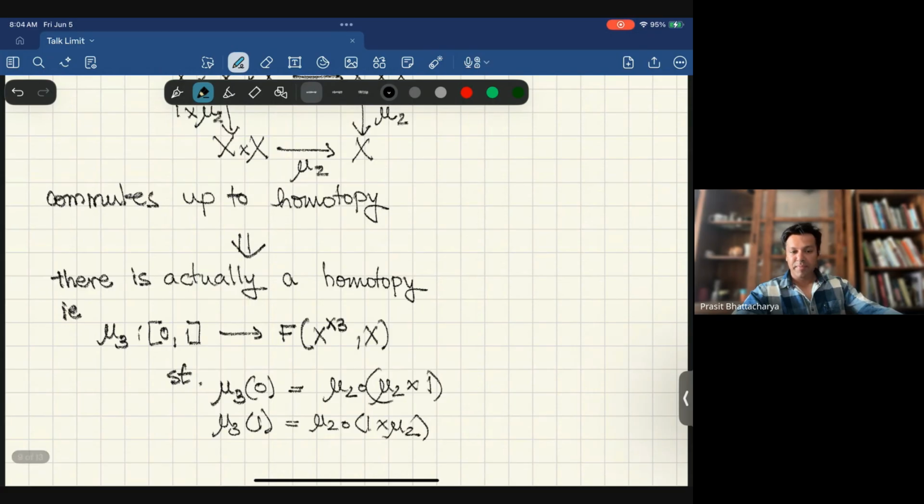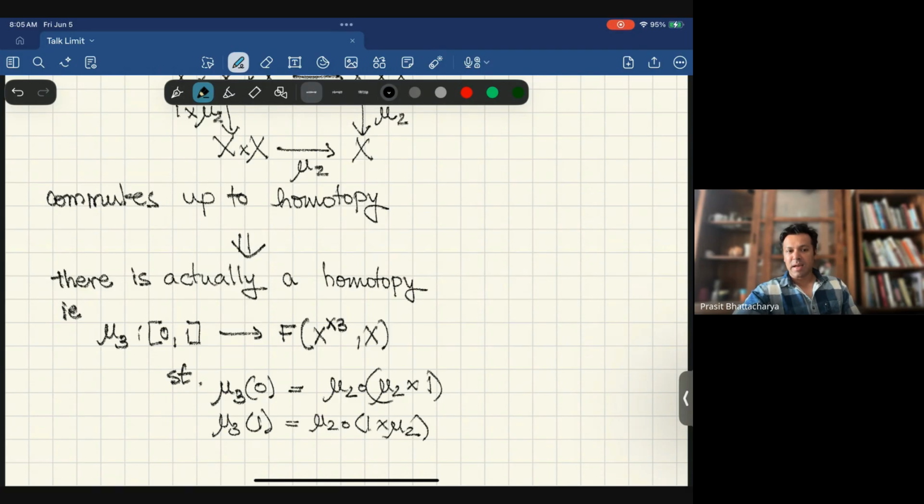Okay, everyone good with that? There is a reason why I chose the notation mu3 instead of h that I was using for homotopy previously. The way I want you to think is that this homotopy is not just a homotopy.